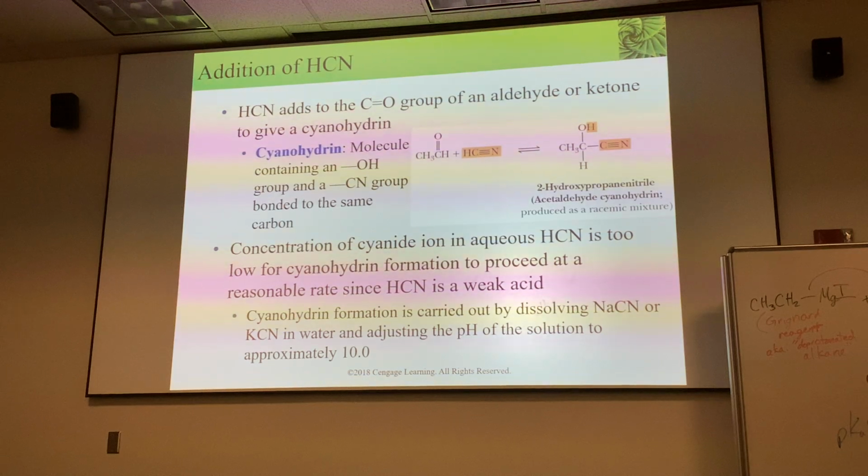I call it a CN group right now because we're calling it a cyanohydrin, and it's a group that comes from cyanide, and it's a hydroxide, so hydrin, but when it looks like this, we call this a nitrile, right? CN with a triple bond there, that is nitrile.